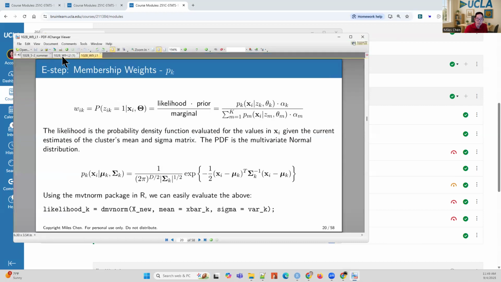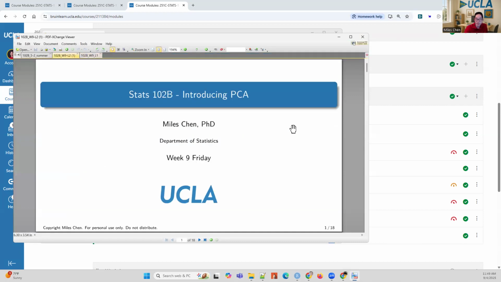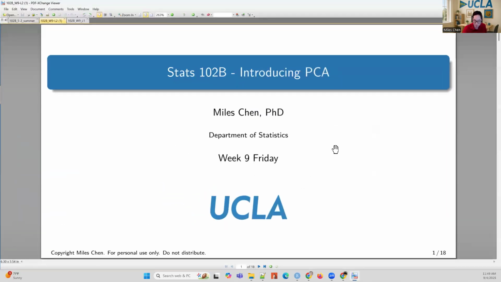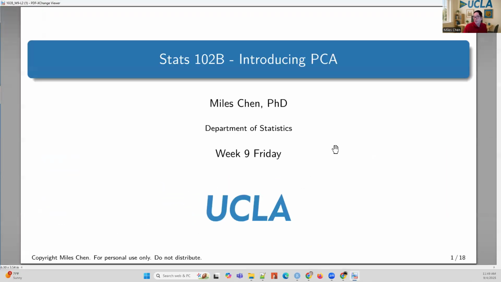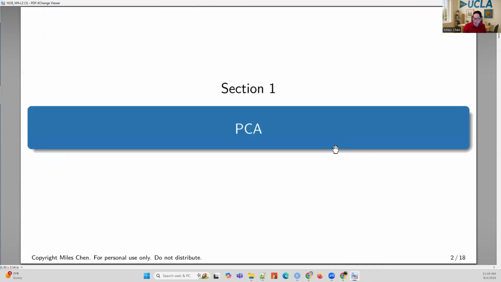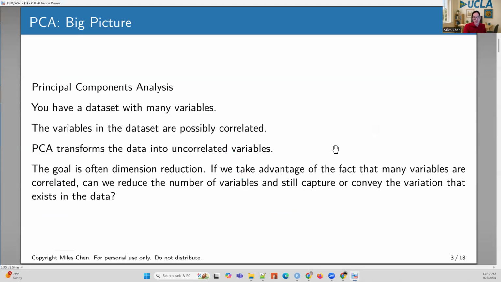All right, let me now introduce principal components analysis. This is another unsupervised learning method, and we use it for dimension reduction. In principal components analysis, the idea is that we want to reduce redundant variables. You might have a data set with a whole bunch of variables, and a lot of times your variables are going to be correlated.